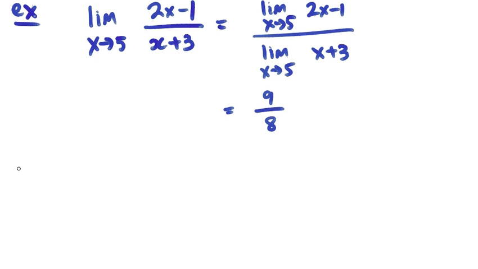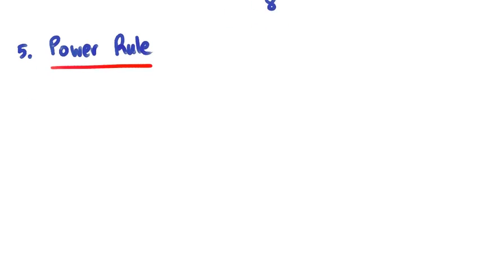And finally, we have our last rule, Rule 5, known as the power rule. It's also good for roots, because roots are a form of a power.